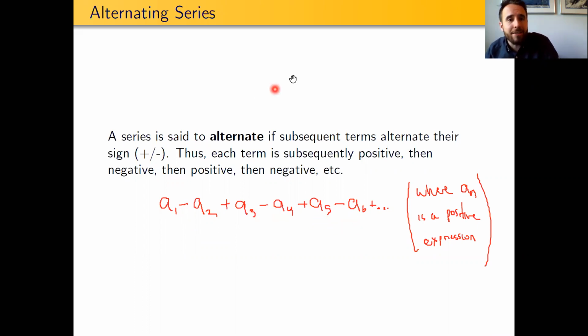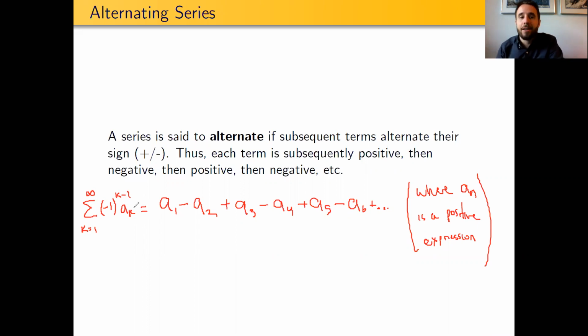I can write this using our standard notation as the sum, as k goes from 1 to infinity, of expressions of the form a sub k, but I also include this term here, negative 1 to the k minus 1.